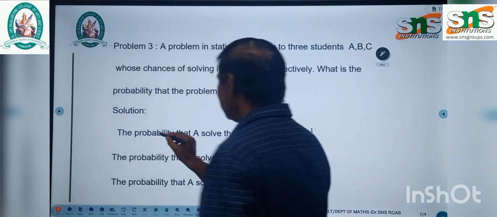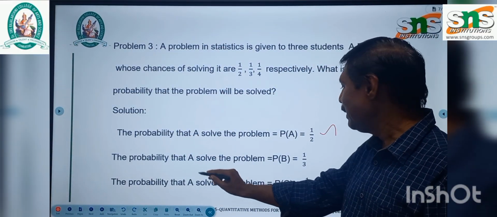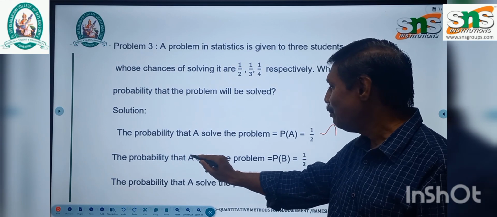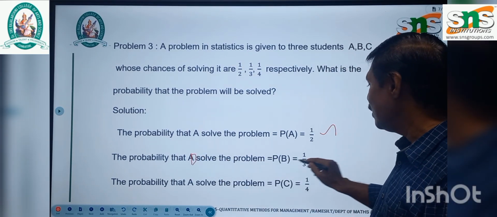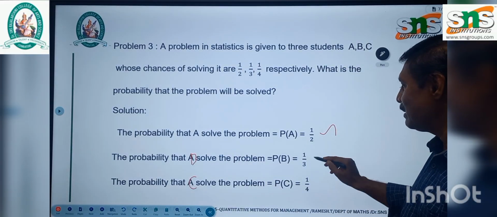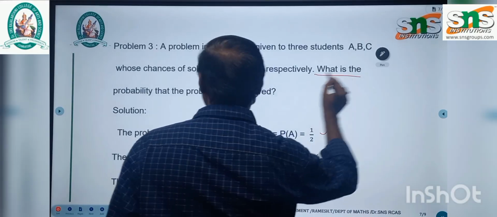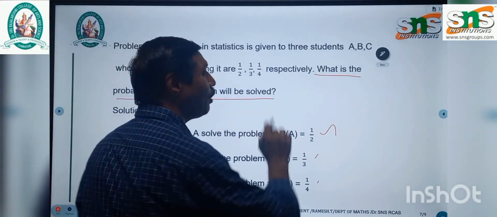Therefore, the probability that A solves the problem is 1 by 2, the probability that B solves the problem is 1 by 3, and the probability that C solves the problem is 1 by 4. What is the question? What is the probability that the problem will be solved?